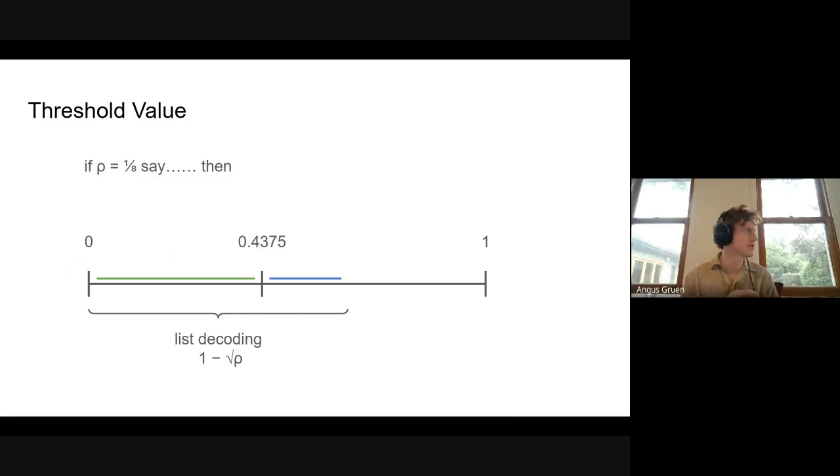So here the blue section is where you might be close to more than one code word, but you're still not close to too many code words. Things work quite well, and this cuts off at 1 minus root row, because this is where some particular work by Guruswami cuts out. This was the original Eli Ben-Sasson et al. paper about proximity gaps.